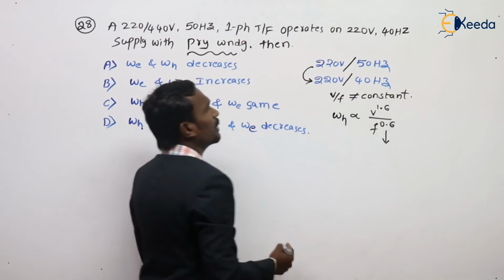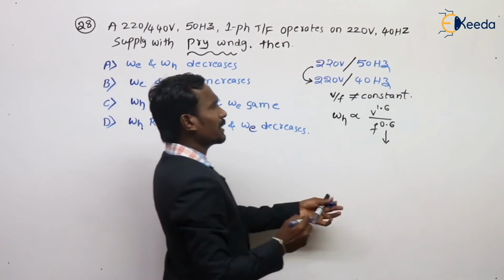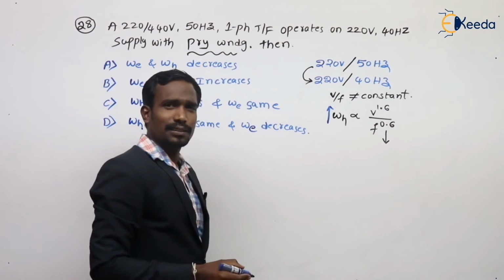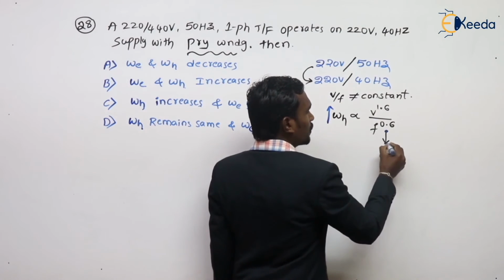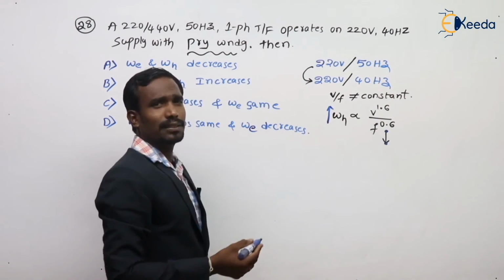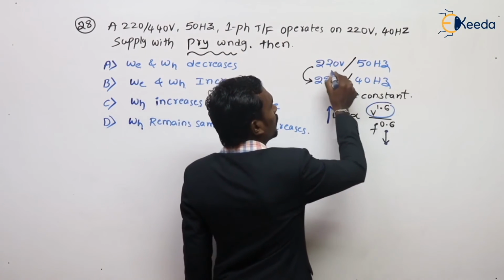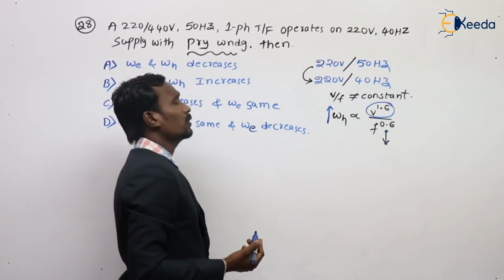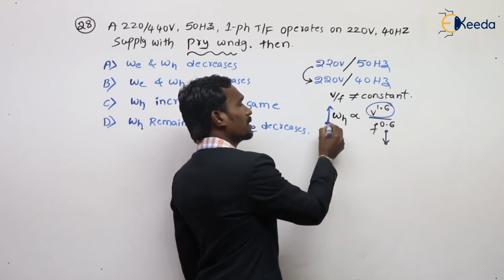When the frequency decreases, automatically hysteresis losses increase. The voltage is constant, there is no change in voltage. So here the answer is hysteresis losses increase.